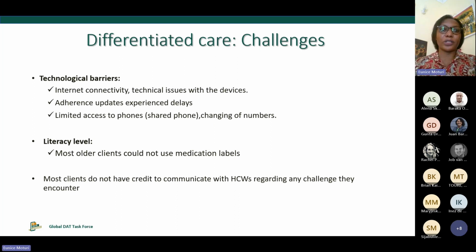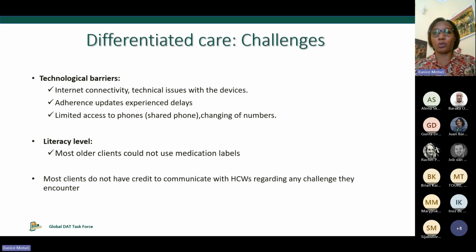So these technological barriers delayed the updates of patients' adherence, because the healthcare worker now had to find time to call the patient, confirm if they had taken medication, and manually update the adherence. And this was also overwhelming them because they already have enough work at the facility.